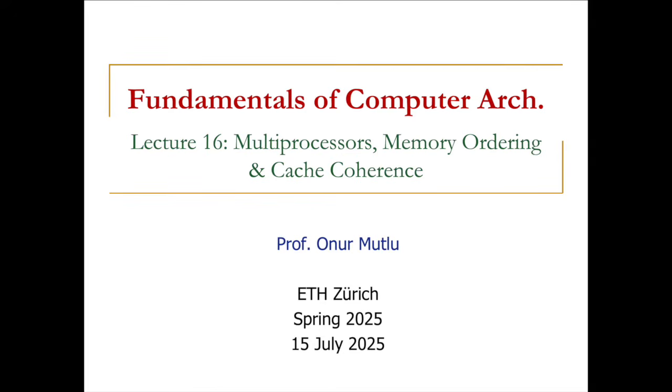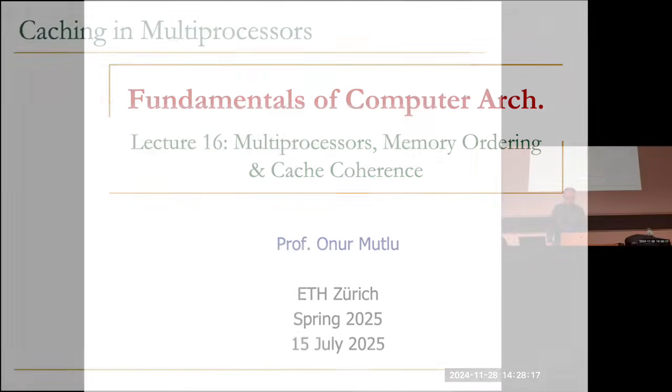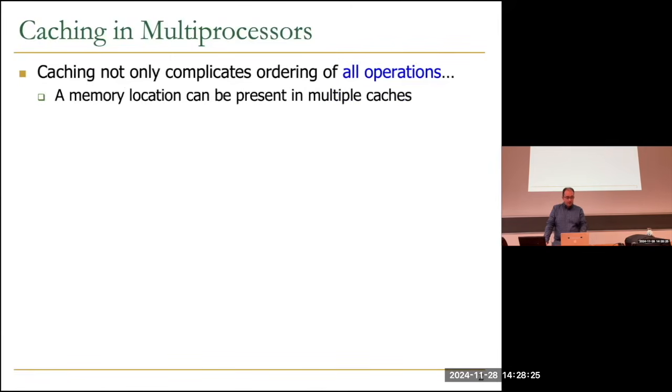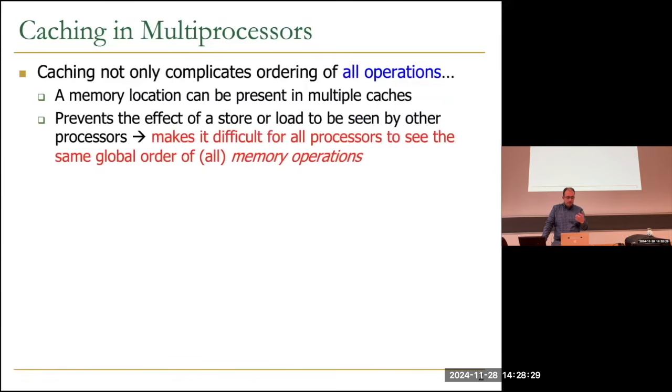Hey, welcome back. We're gonna continue with cache coherence, which we already actually discussed, like at least the definition. So caching in multiprocessor, you know that it's not only complicates ordering of all operations, as we already discussed, a memory location can be present in multiple caches, and that prevents the effect of a store or load to be seen by other processors.